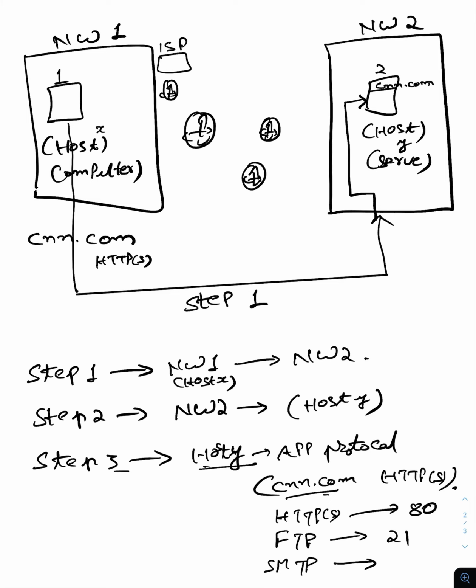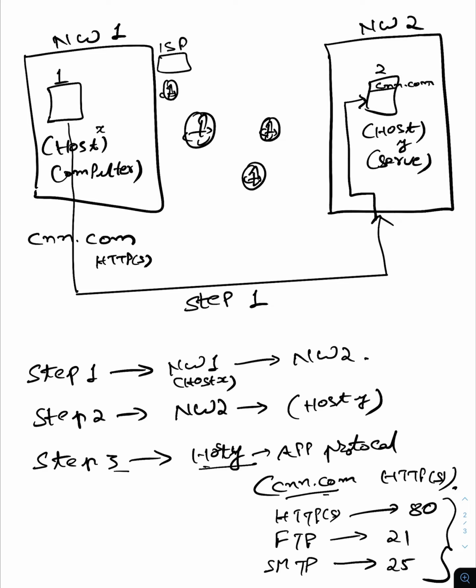SMTP is one more application protocol, which is 25. Just don't worry about this, we can talk about this in the next lectures, but just for your information, in step 3 each application protocol has its own standard port number.